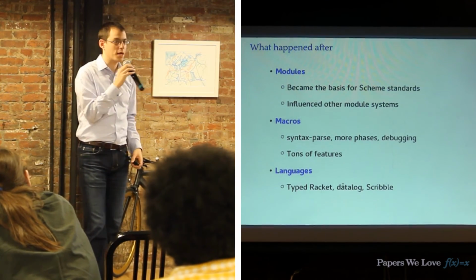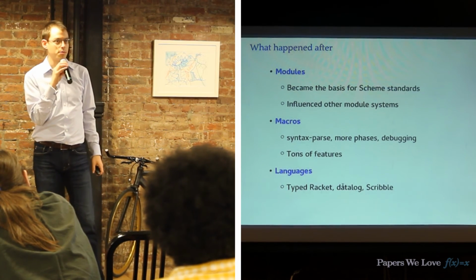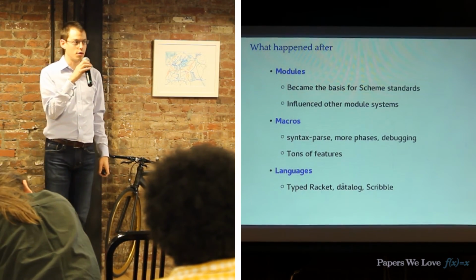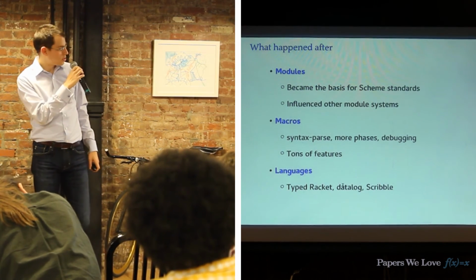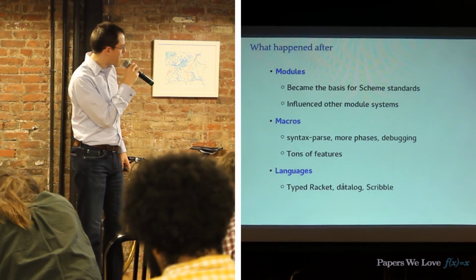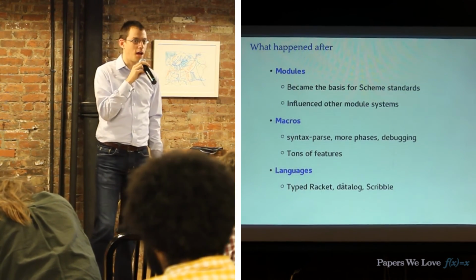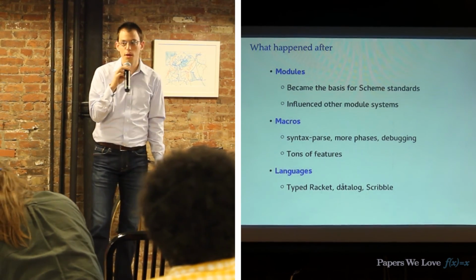This has become the basis for the module systems that have appeared in the R6RS and R7RS Scheme standards, although maybe the less said about Scheme standards, the better. And this design has influenced other module systems that have been designed since.